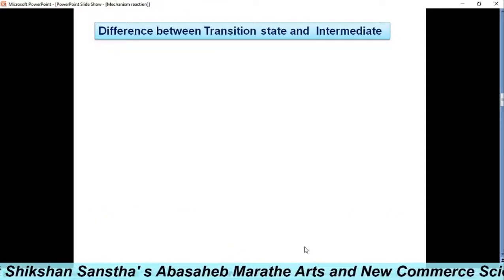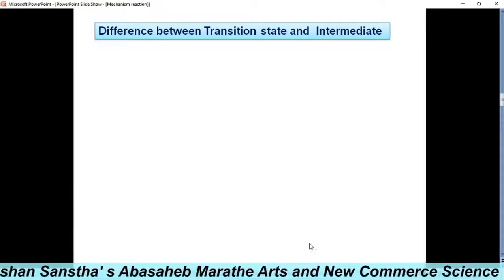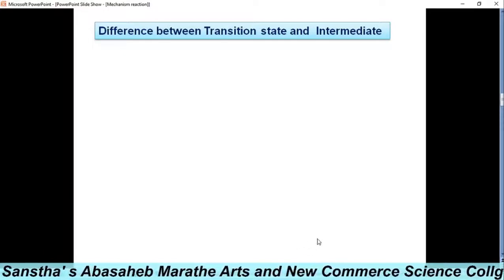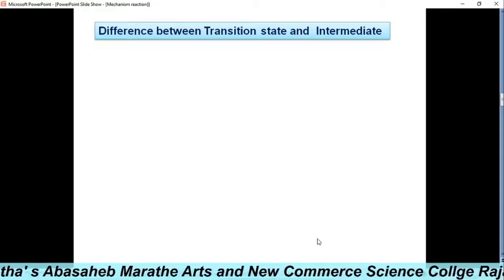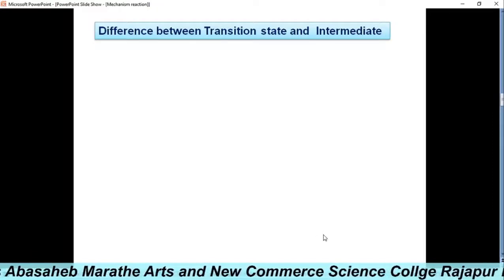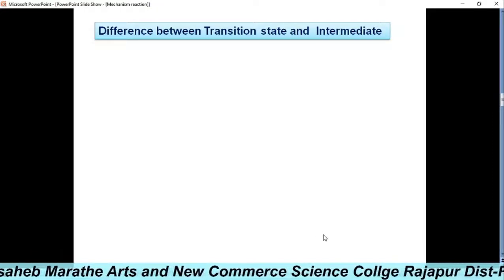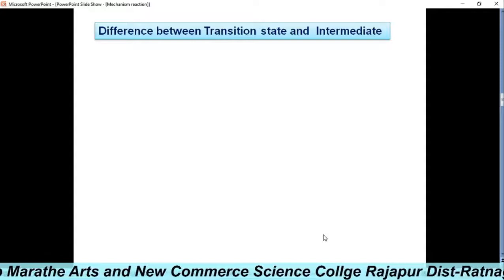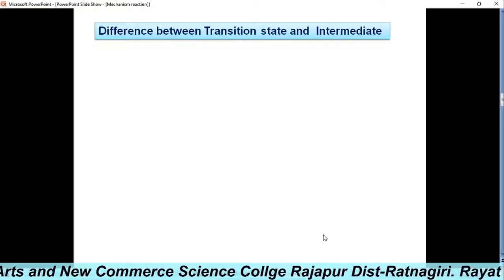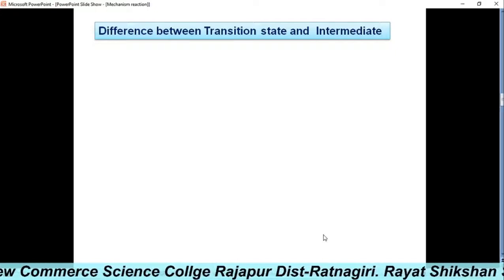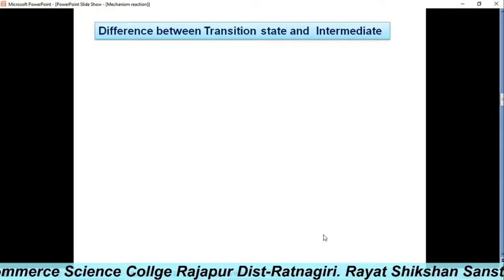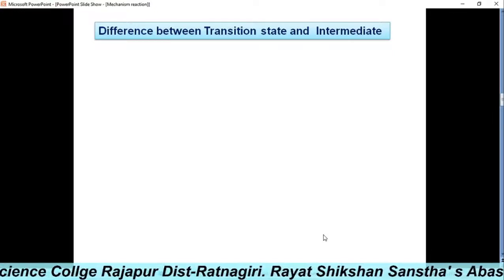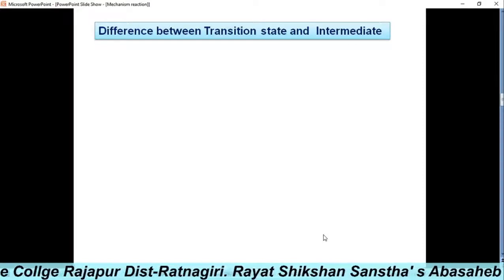Now we will see the difference between transition state and intermediate. You know that the intermediate has slightly less energy than the transition state, as it is relatively more stable than the transition state. An intermediate can exist for a longer time than a transition state.